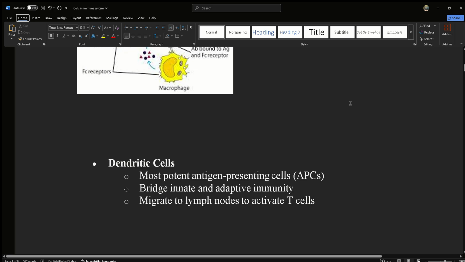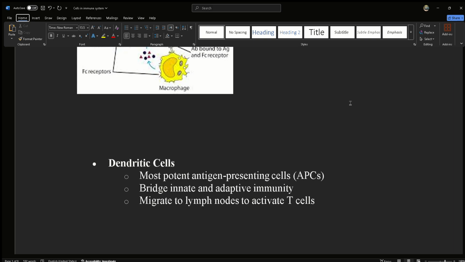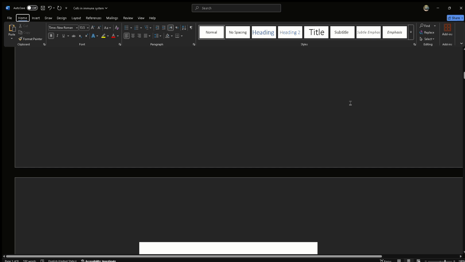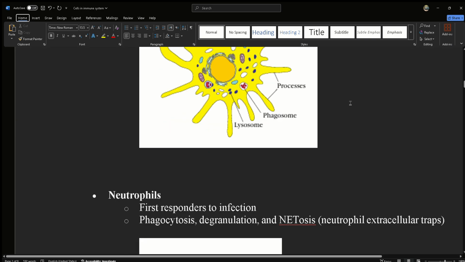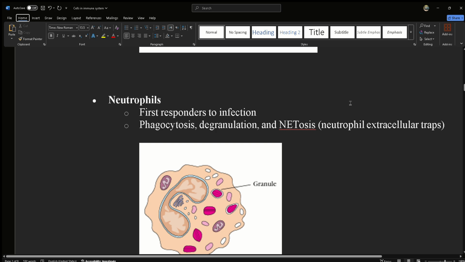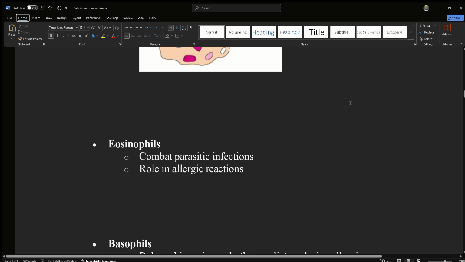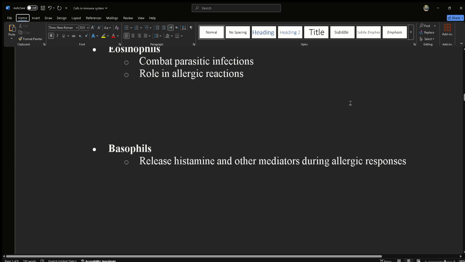Then we came to the dendritic cells, the most potent antigen presenting cells, and they are in the thymus mostly, and also lymph nodes, to activate and take part in the maturation and education of the T cells.